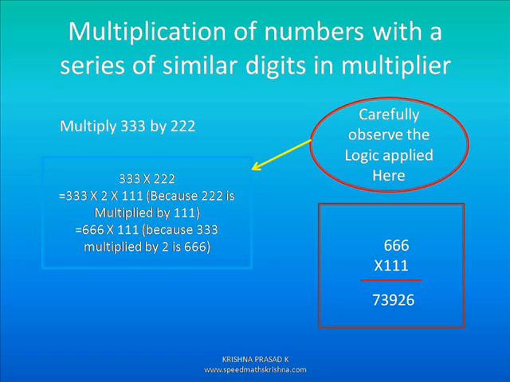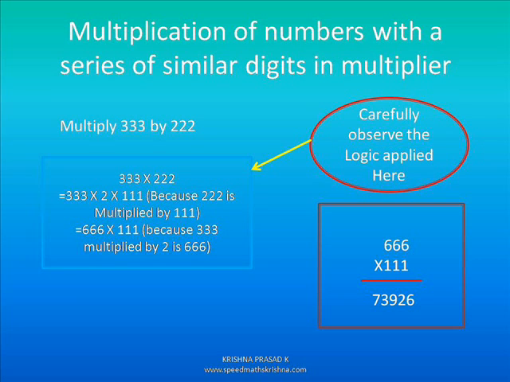Here carefully observe the logic applied. 333 into 222 is nothing but 333 into 2 into 111, because 222 is 2 multiplied by 111.